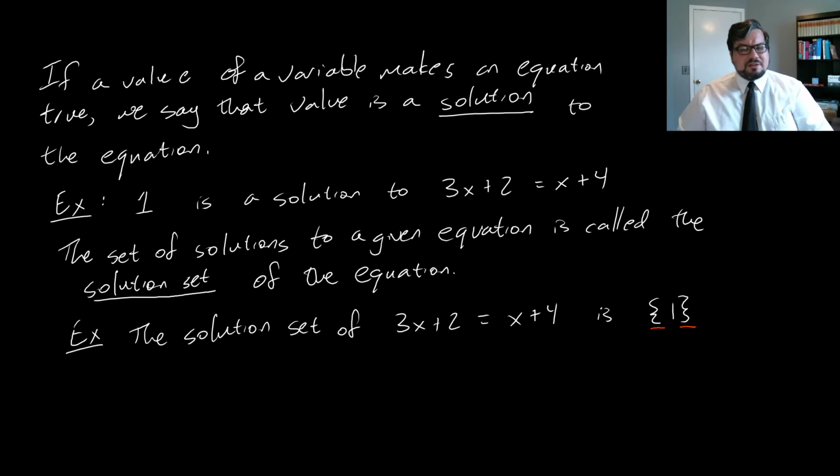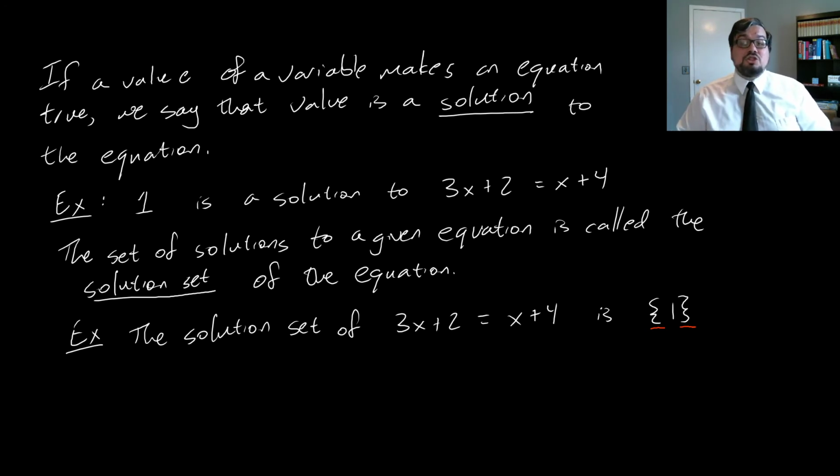However, the other thing that you may have picked up on is that when I say that the solution set of this equation is precisely the set containing the number 1, that's saying two things. First of all, it's saying that 1 is a solution to the equation. We already saw that. But it's saying that 1 is the only solution to the equation, because the solution set has to contain all solutions to the equation.